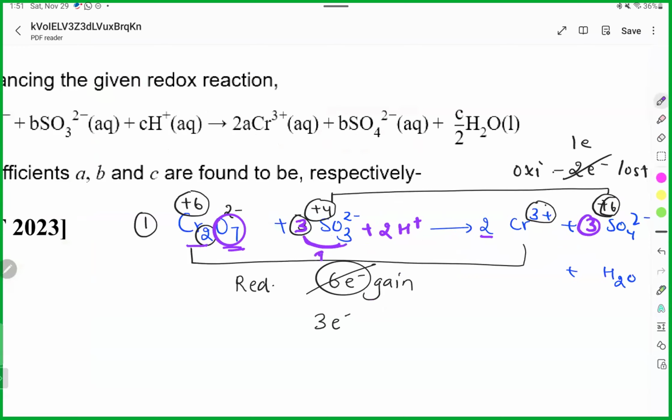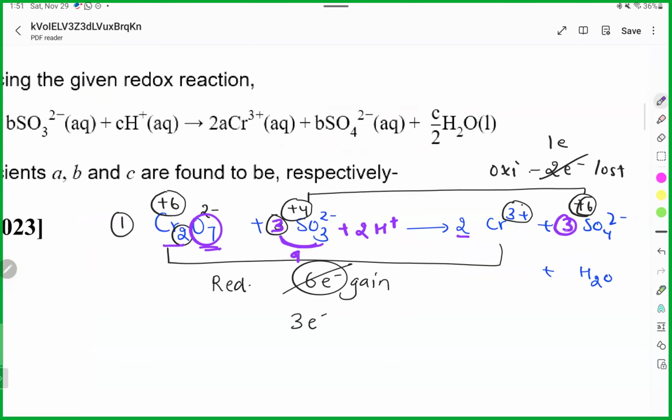So total oxygen on the left hand side is 16. Now check on the right hand side how many oxygen are there. 12. So how many more do we need? 12 and 2 is 14, 2 more, need 4.